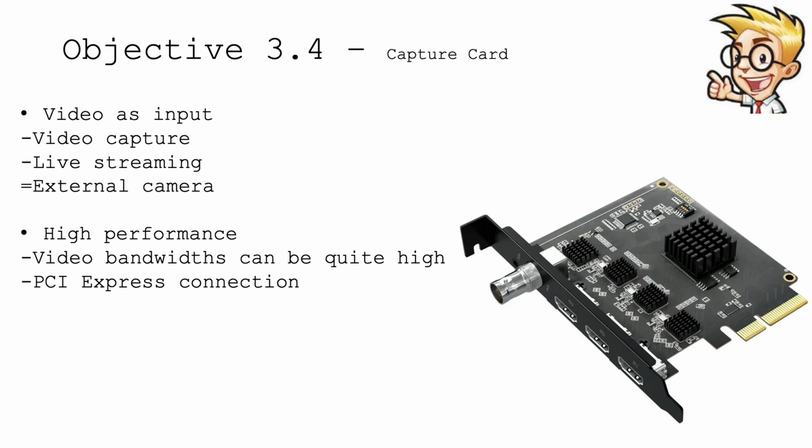So these cards have been able to maintain high levels of video input, especially using high resolution. For example, this is a PCI Express interface, and you can use that to take video and put it into your computer. I do see that USB capture cards are becoming more common, but they're not nearly as high performing.